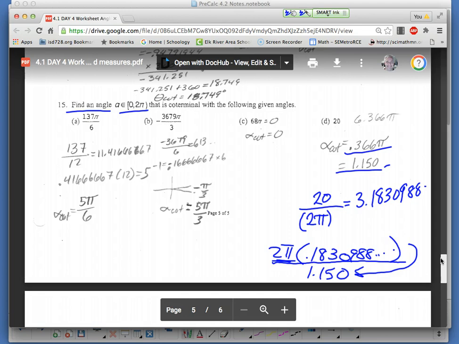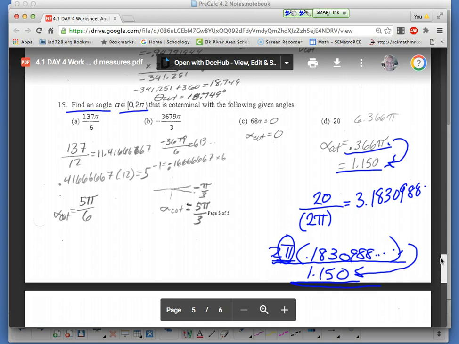Okay, yep. So are you okay with multiplying 2 pi times this? Okay, and are you okay that this is 1.150? What if I didn't multiply the pi? What if I multiplied 2 times 0.1830998? What would I have gotten? Okay, so 0.366 pi is an equivalent statement as 1.150.